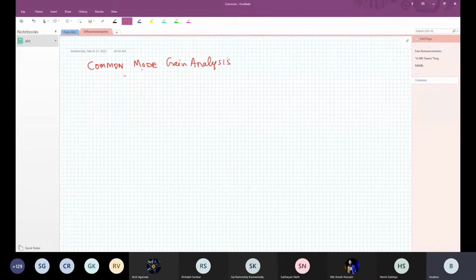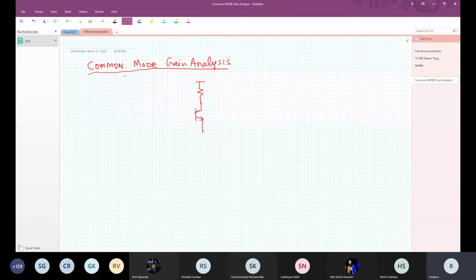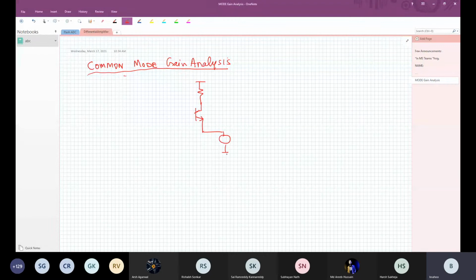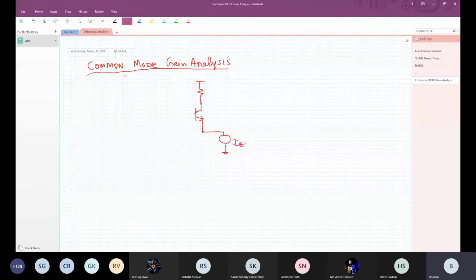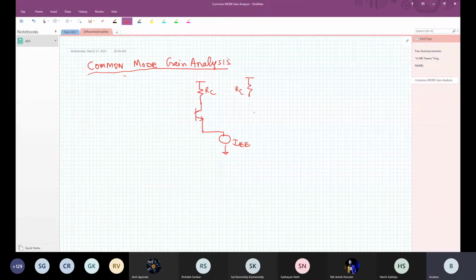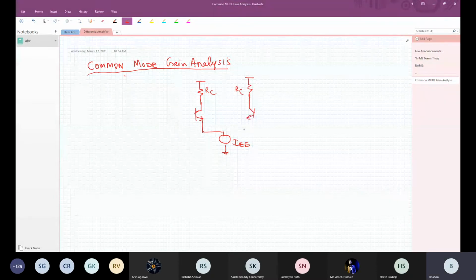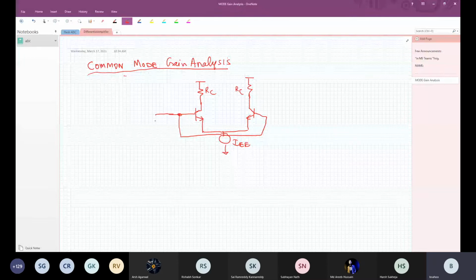So when we do the common mode, what did we say? That both the terminals, the common mode input, move up and down together. So IE over here and RC. Now this thing is connected here. So both of them move together up and down.